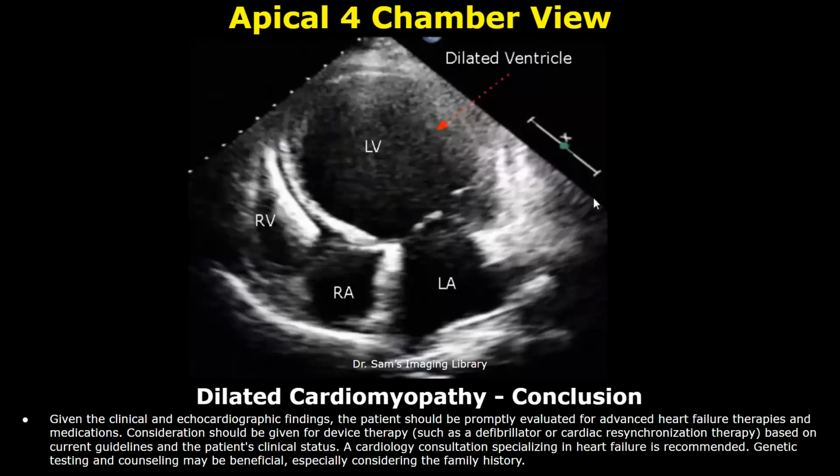Consideration should be given for device therapy such as a defibrillator or cardiac resynchronization therapy based on current guidelines and the patient's clinical status. A cardiology consultation specializing in heart failure is recommended. Genetic testing and counseling may be beneficial, especially considering the family history.